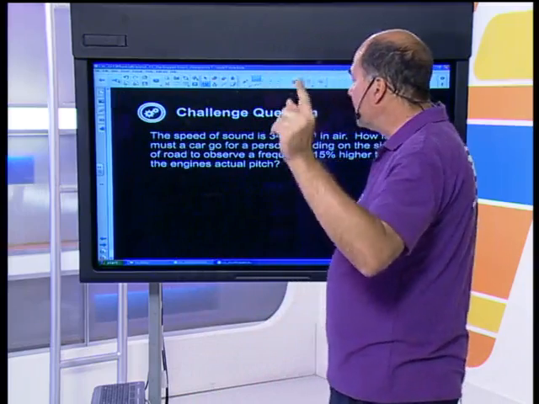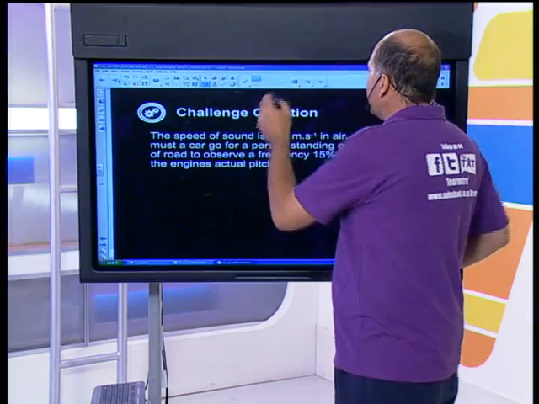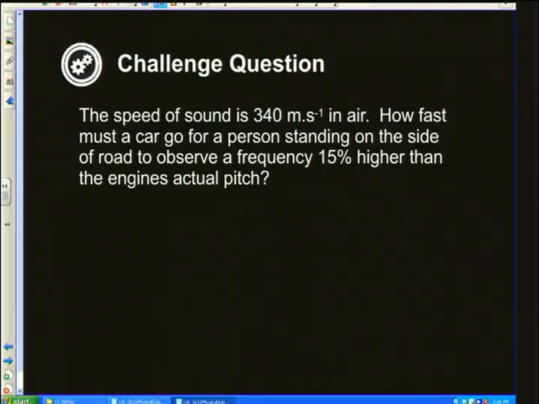Okay, I will post this during the break, but let's just read it through now and make sure you've got it. It tells us the speed of sound is 340 meters per second in air. Now, guys, if they don't give you this in a question in a test or exam, you may assume that the normal speed of sound in air at a certain temperature is taken to be 340 meters per second.